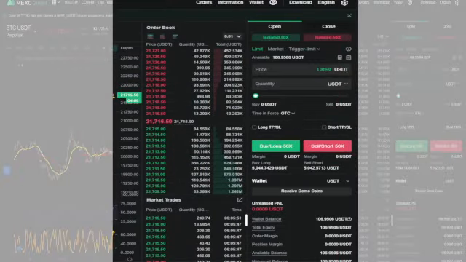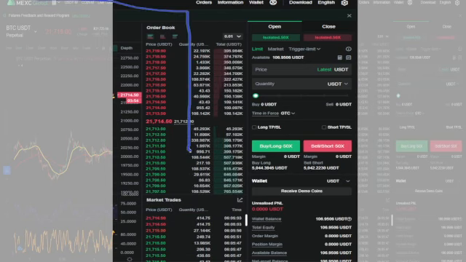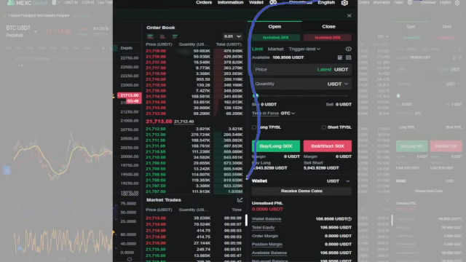Alright, on this screen, as you can see, we have our typical order book to the left here, and where we make our orders over here on the right. Now this could be different, depending on whatever your exchange is.